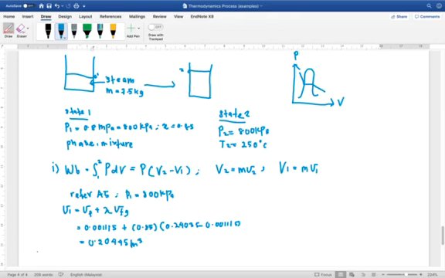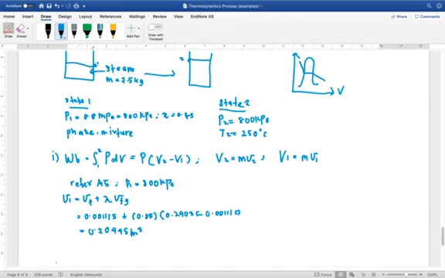And then from here you will get volume V1, and V1 is equal to 1.5335 meter cube.